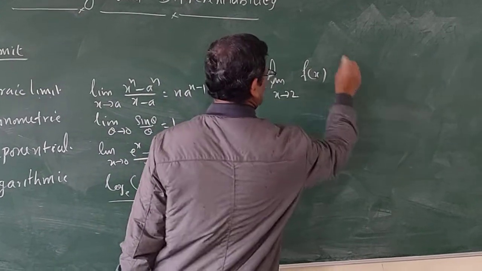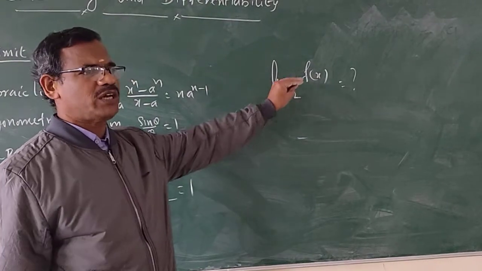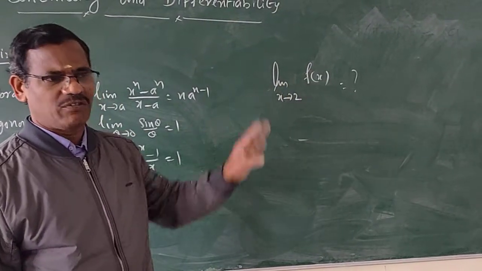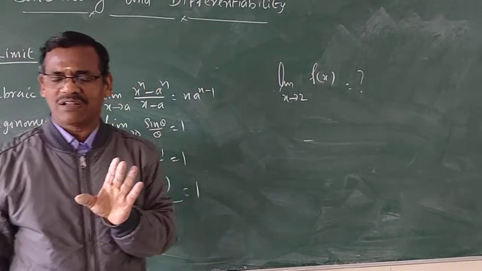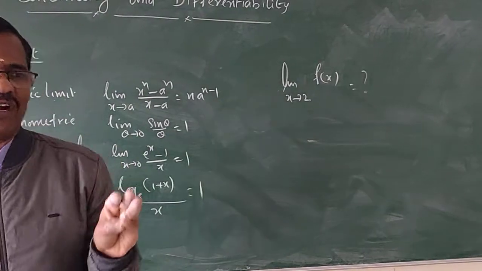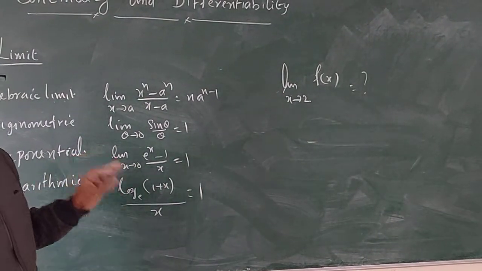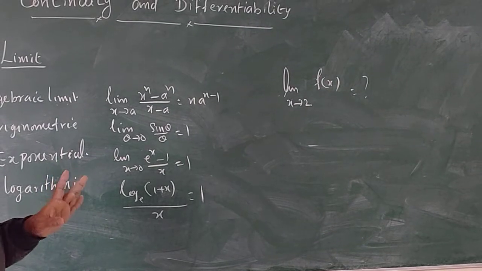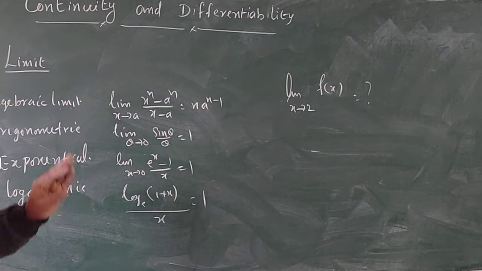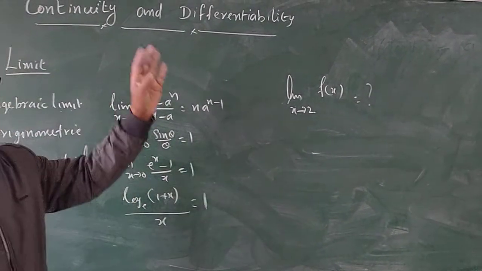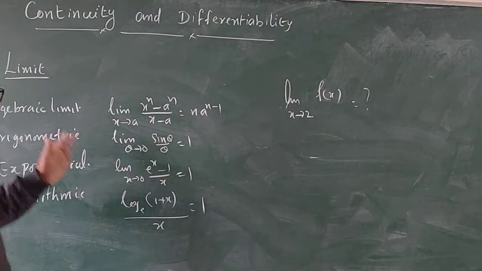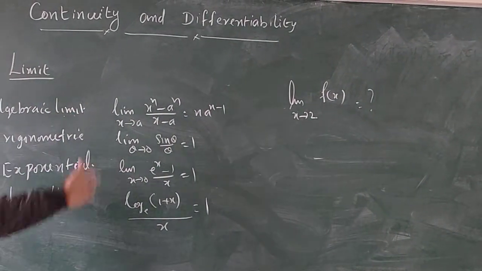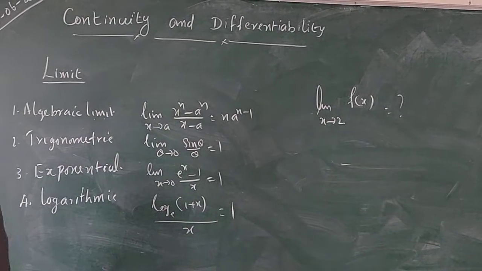The first step is that you directly substitute x is equal to 2 in the given function, and if you get a defined value, that defined value is its limit. And sometimes when you put x is equal to 2, you may get a not defined value. Then you have to search for any of these formulas or limits to get the answer.